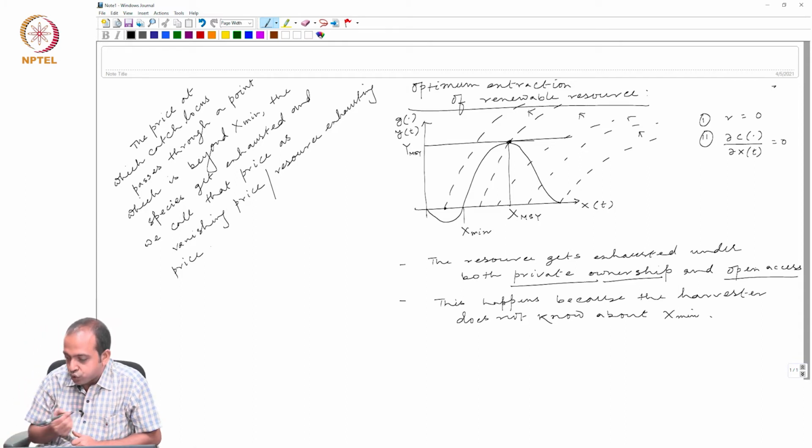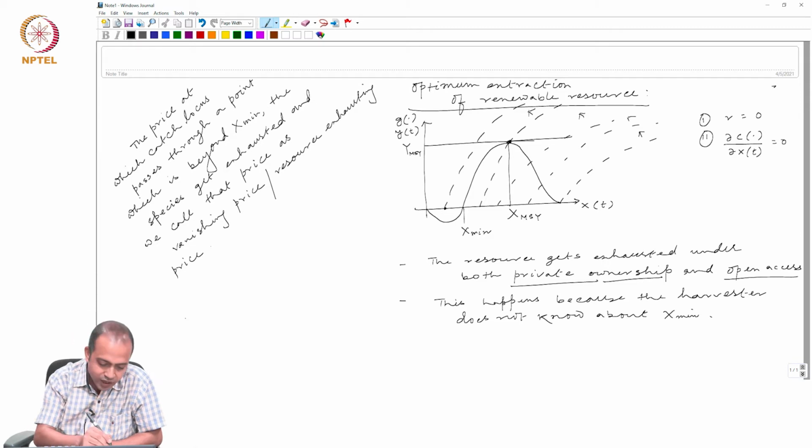Now, we have introduced one concept called open access. What is open access actually?